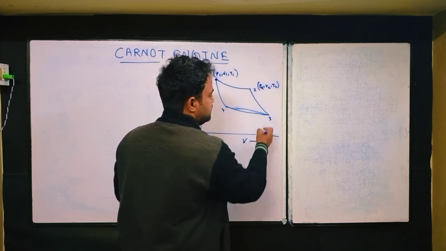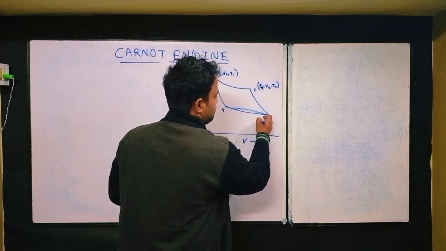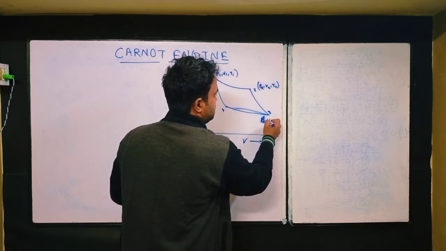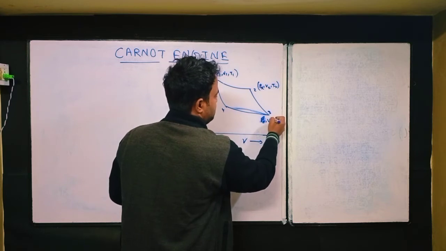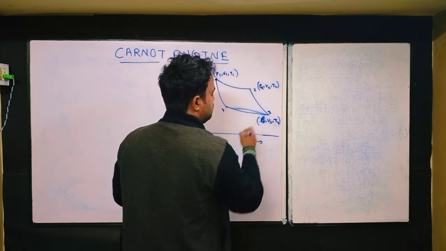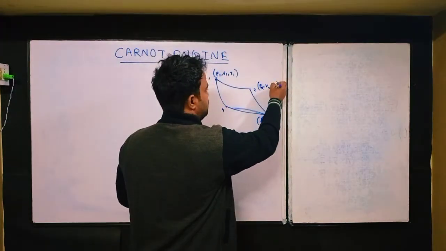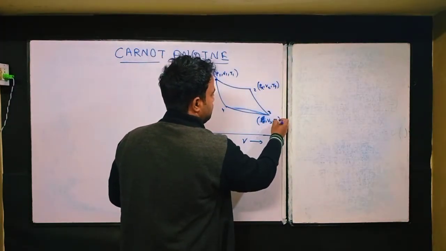Then the pressure will become P3, volume V3, and temperature will be T2. Sorry, position 2 is T1, and this is T2.